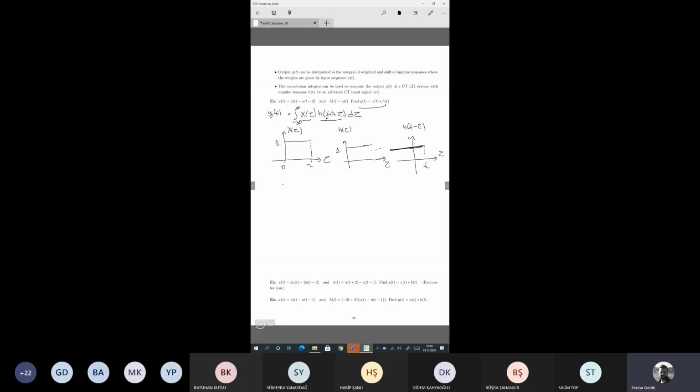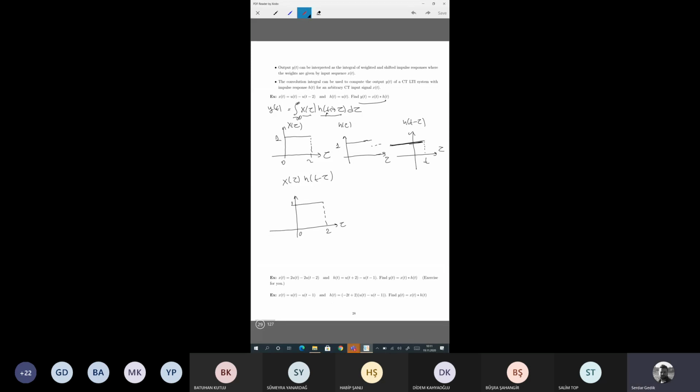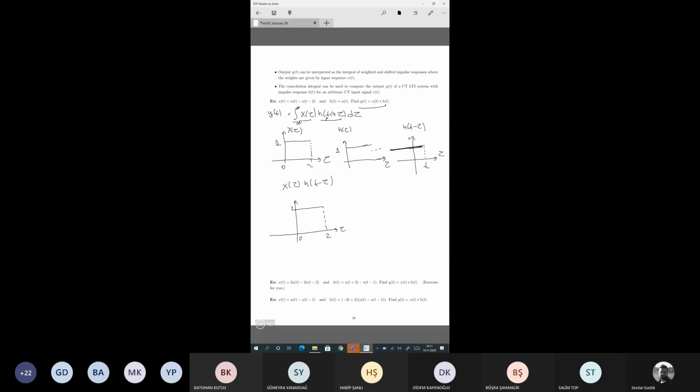Well, I will multiply x of tau and h of t minus tau. So let me first draw x of tau. Remember, this is my x of tau. It is from 0 to 2. Okay, it is 1. Then I will plot h of t minus tau.